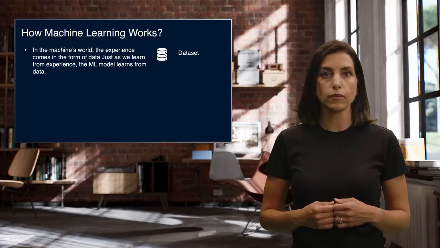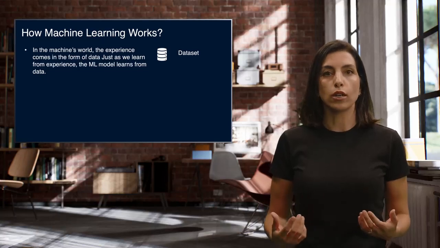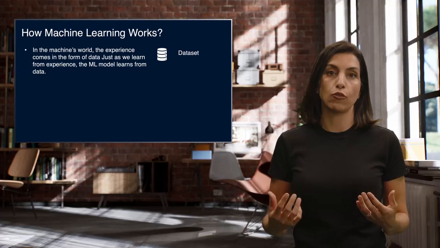Machine learning focuses on developing statistical methods that enable computers to learn and make predictions or decisions based on data without being explicitly programmed to follow rules. It is the automation of programming rules through data. In the machine's world, the experience comes in the form of data.